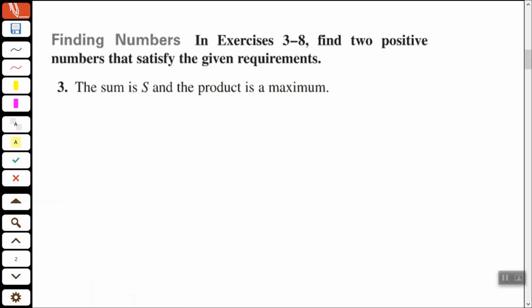All right, so with this first problem, we have the sum, some number s, and the product is a maximum. We want to find two positive numbers that satisfy the given requirements.